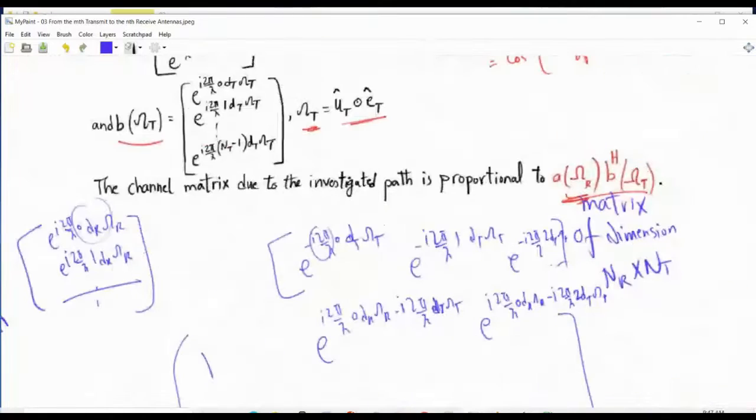So now say hello to this thing. It's called the channel matrix. Whenever we have a MIMO system in which we have multiple transmitters and multiple receivers, think about it: you are actually talking about NR times NT channels, because you have a channel between each transmitter and each receiver.